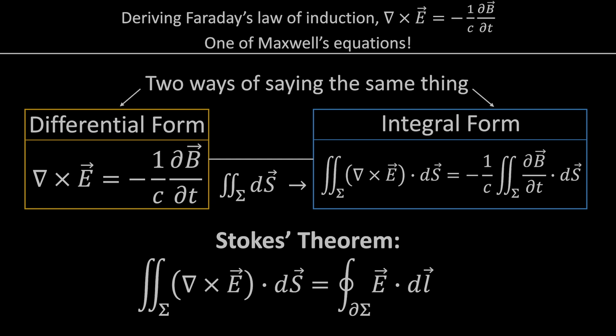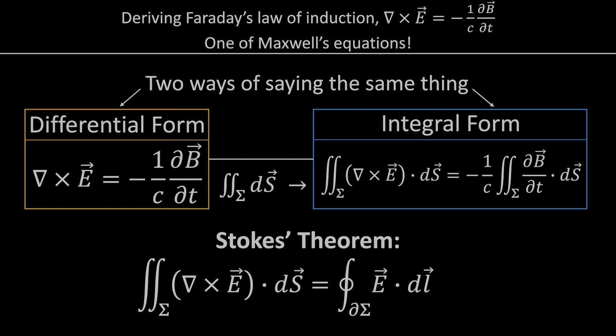So Stokes' theorem is the idea that the flux integral of the curl of a vector field through some surface is going to be equal to the circulation integral of that vector field dotted with the line element around the surface. And one way to think about Stokes' theorem is, okay, what is the flux of the curl of a vector field through a surface? That's just how swirly the vector field is around the edge of that surface.